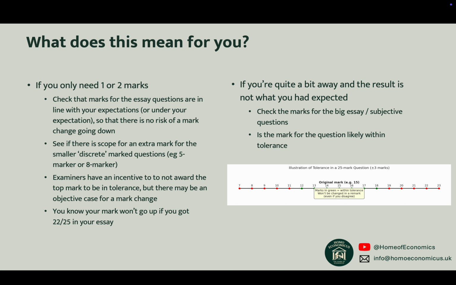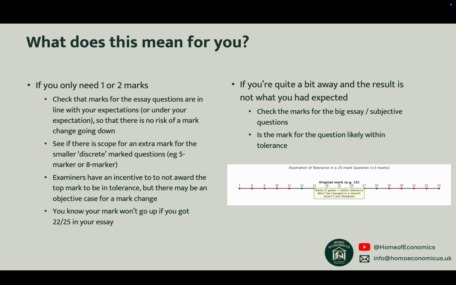So if there's clearly a reason why you should be awarded an extra mark or 2 in the 5 markers, the 8 markers, the 4 markers, the 2 markers, then they have to, by regulation, give you that mark, because they've objectively mismarked that question, right?